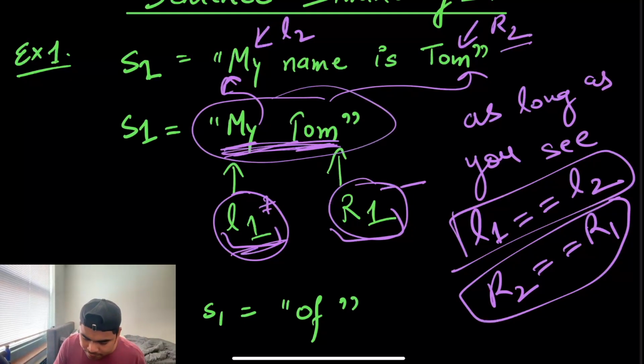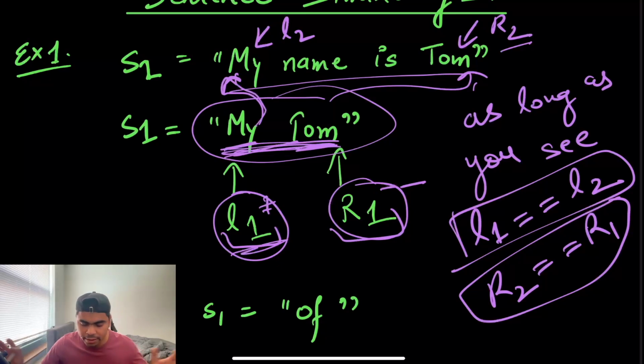These could have been in the beginning or in the end or anywhere, and there must have been some words right here or here. And if my L1 becomes greater than or equal to R2, that means I have seen all the words and I can return this. I think it will be not equal to, just greater.